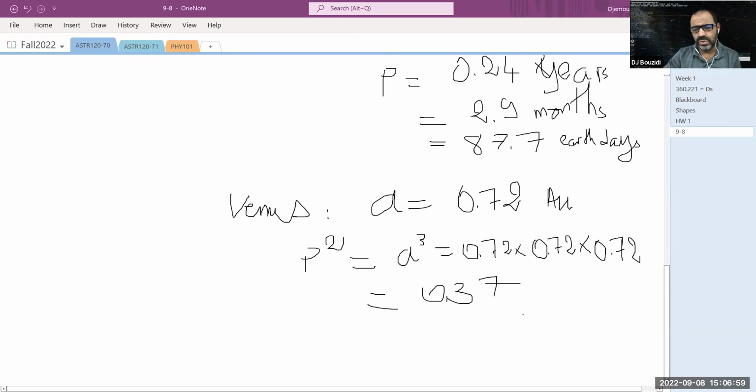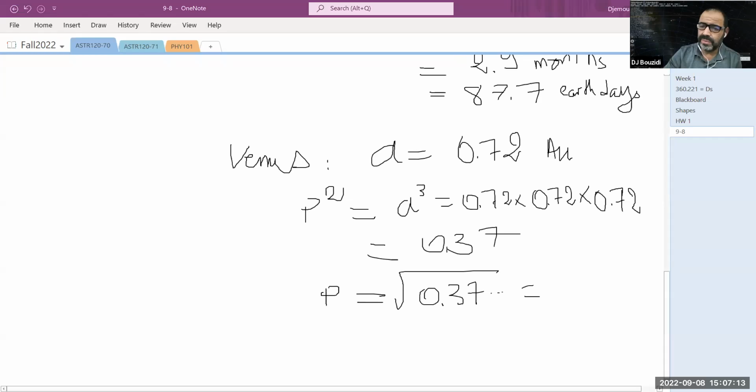It's giving me 0.37 and some other numbers. Again, I need to take the square root of this number. That will give me exactly how many years a year on Venus is compared to the Earth. If I take the square root, it's 0.61 Earth years.